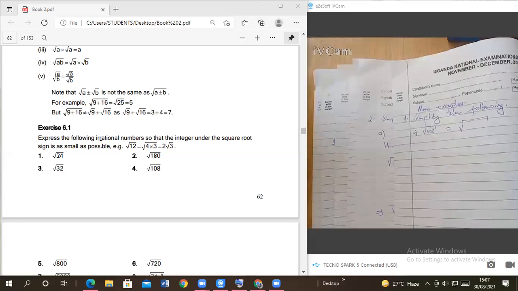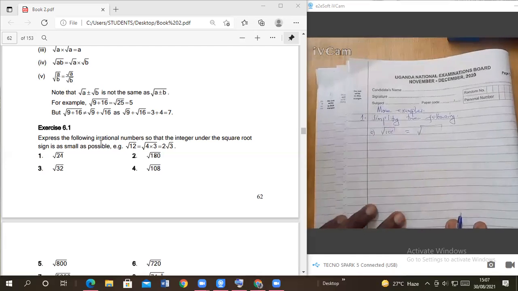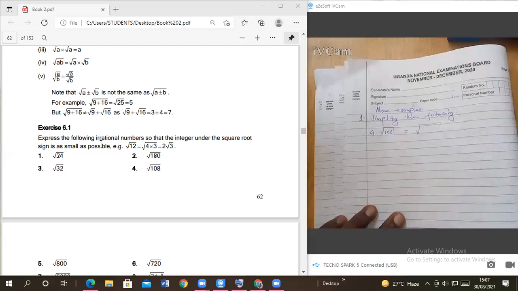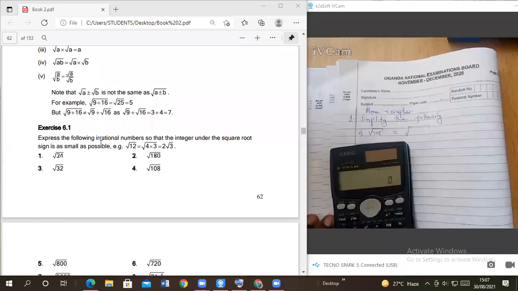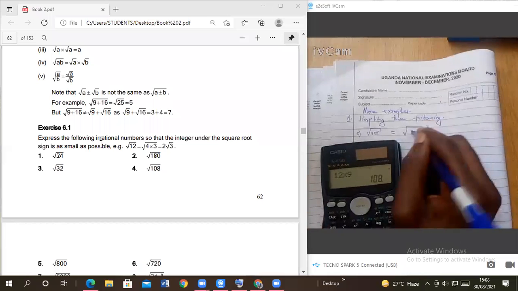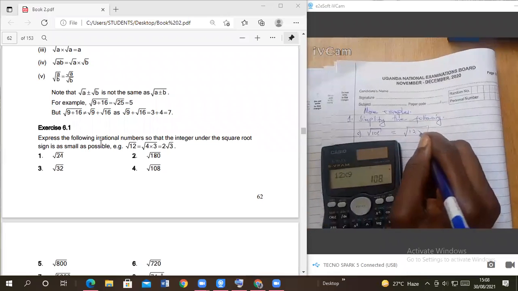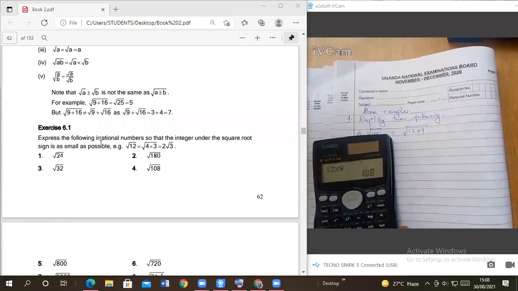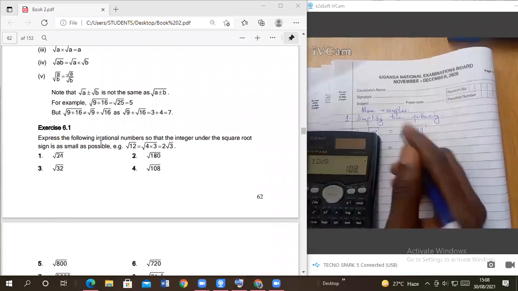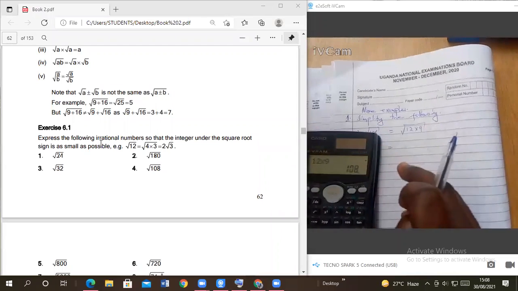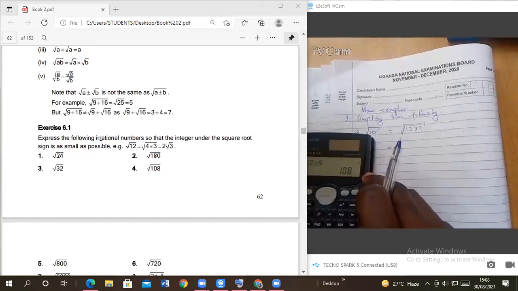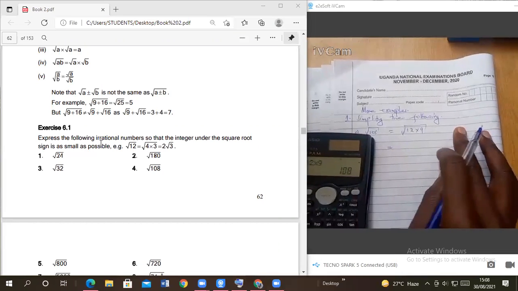Nine times 12. Good. So which means this will become root of 12 times root of 9. Remember, multiplication is commutative. Do you remember that? Multiplication is what?